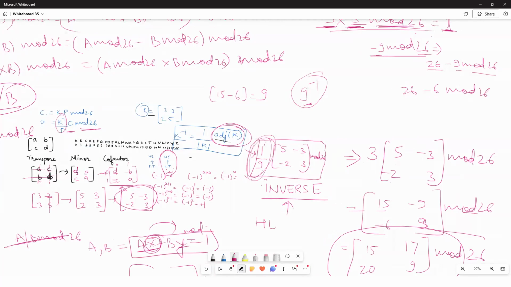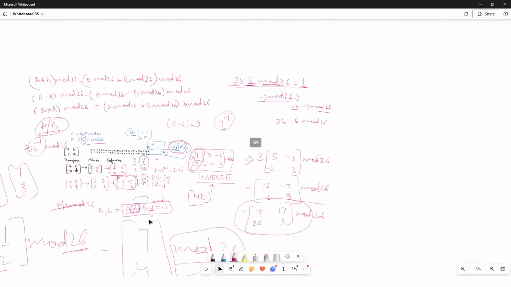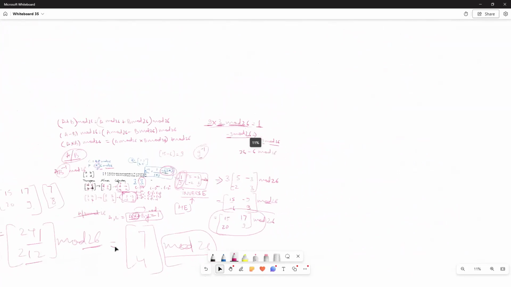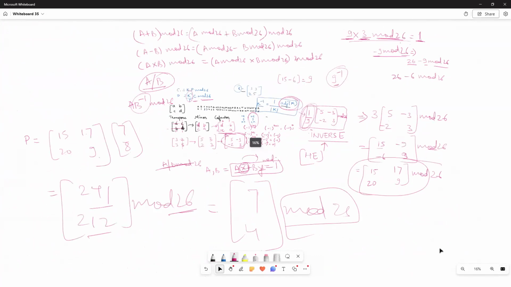So H, E. We are able to get back our plain text from the ciphertext that we computed using all this calculation. Any questions?